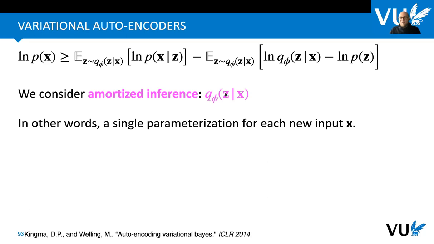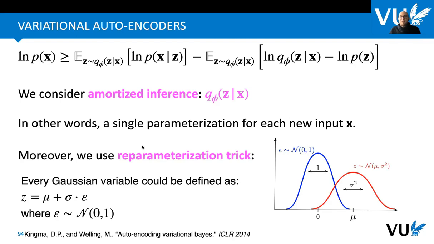And also to have the real VAE, we need to use the reparameterization trick. Probably we'll learn more about it in the next lecture, but here it's good to know what it means. We use the trick that every single Gaussian distribution can be expressed as mean plus the scaled standard Gaussian, right?